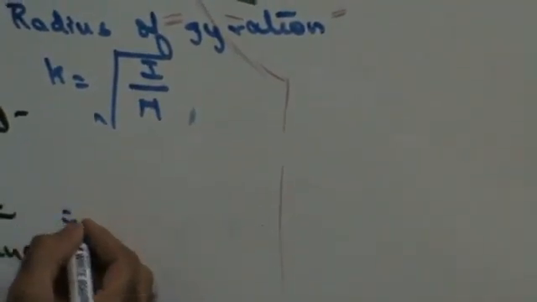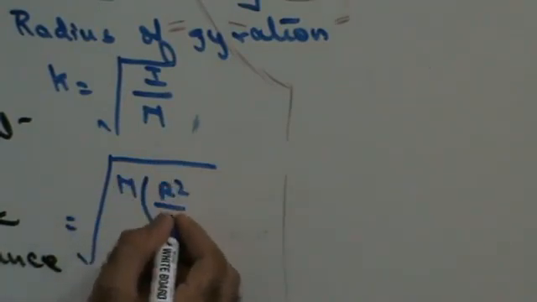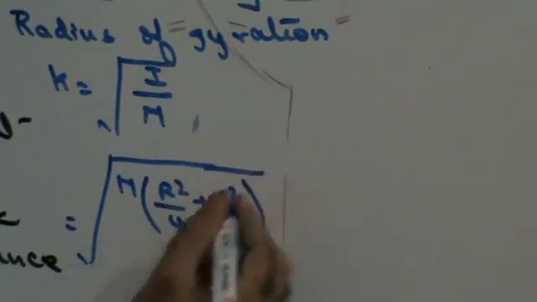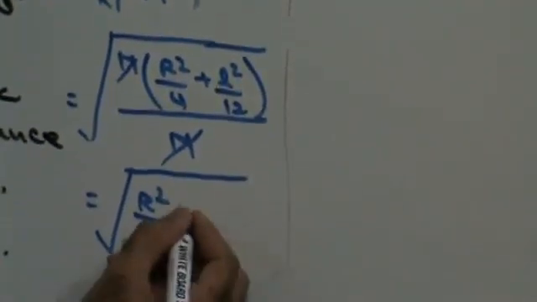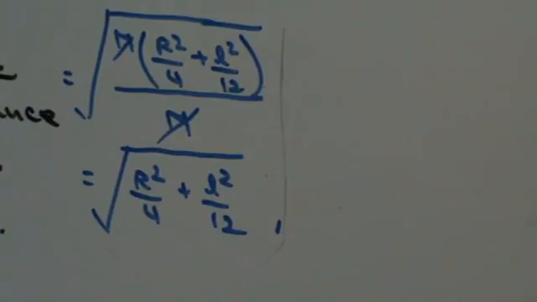I you just found out is this, so this is going to be nothing but square root of m r square by 4 plus l square by 12 upon m. M and m gets cancelled, so this is going to be square root of r square by 4 plus l square by 12. That is going to be my radius of gyration.